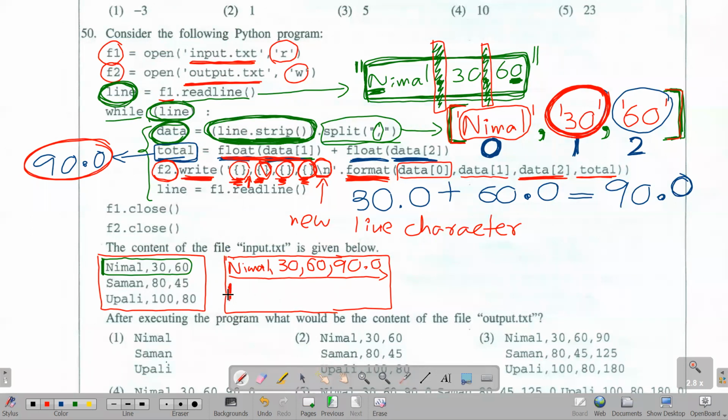That means whatever is going to be written is going to be written on this line. People, is that clear? How the first line is being assigned to this particular output.txt.